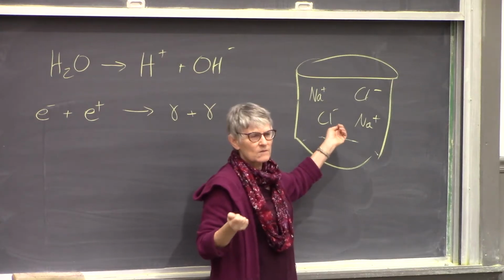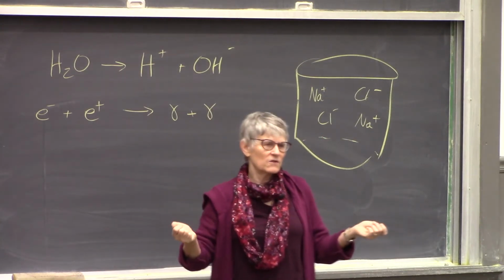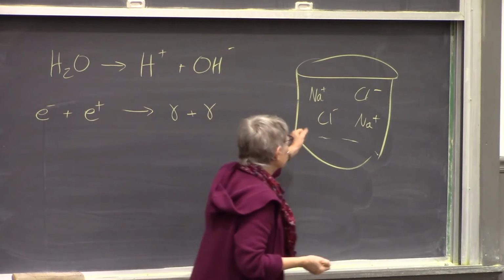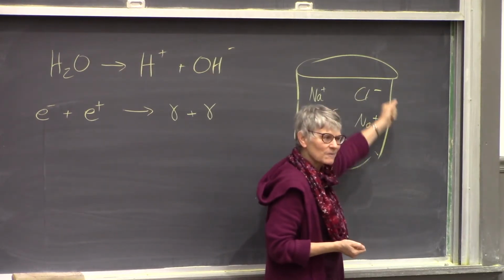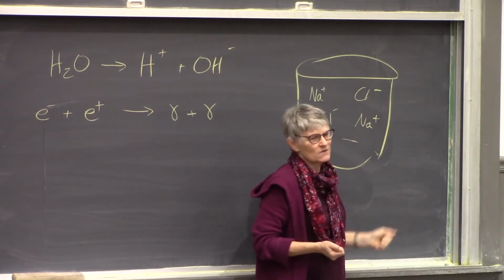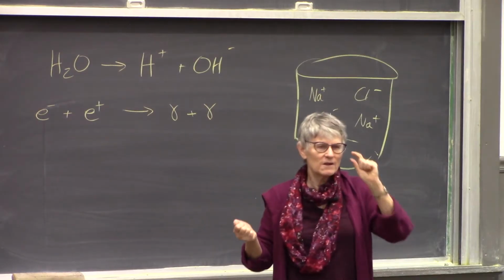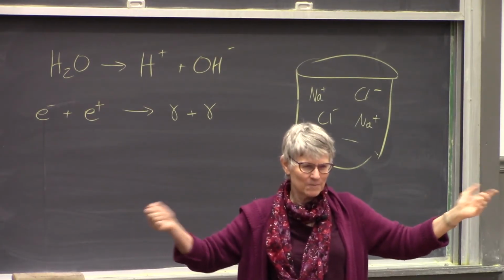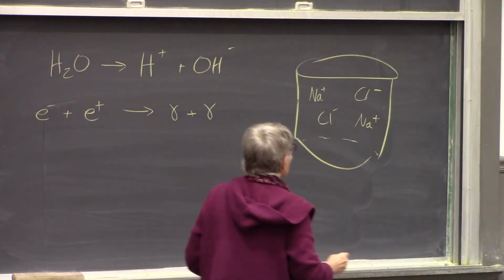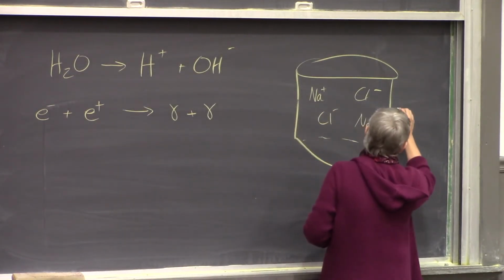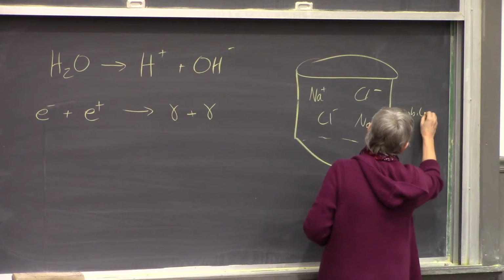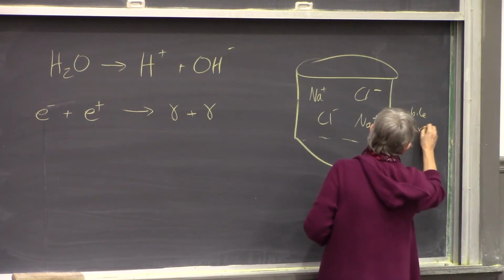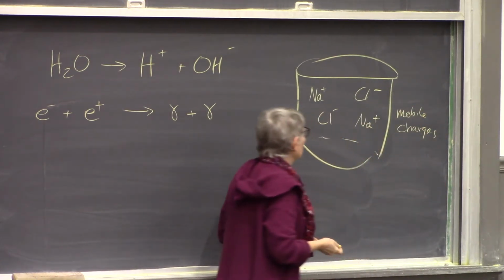Those ions, or solvated ions, they're still charged. They're free to move around this entire beaker, right? They can move macroscopic distances, much, much farther than an atomic diameter. They can move centimeters or meters if it's a giant beaker, right? So this thing has mobile charged particles.